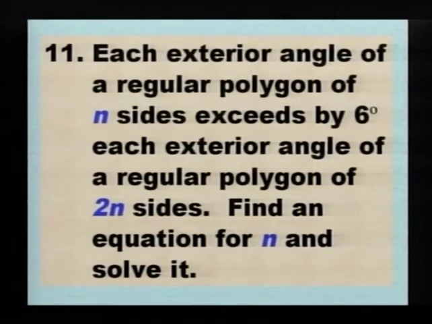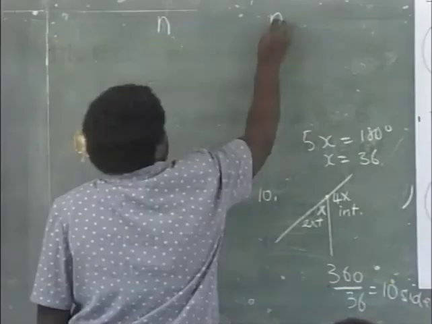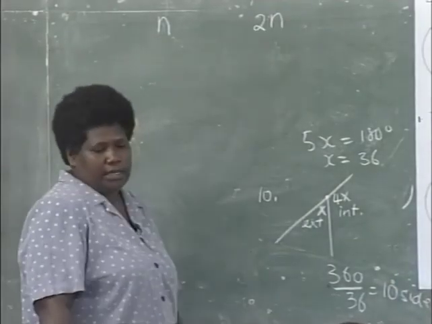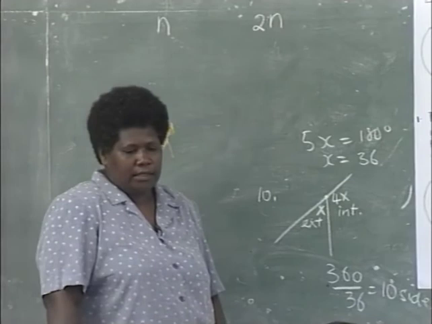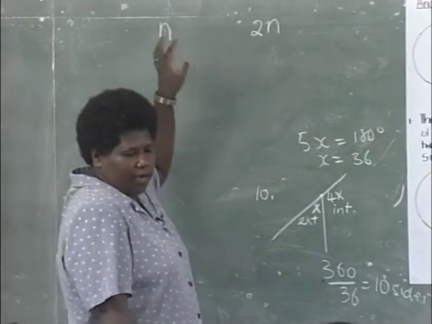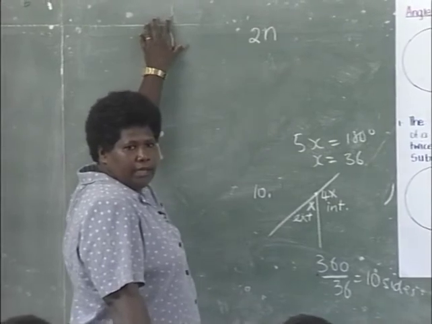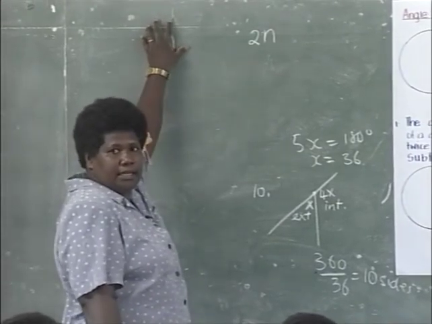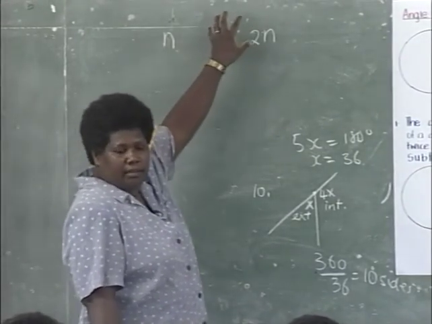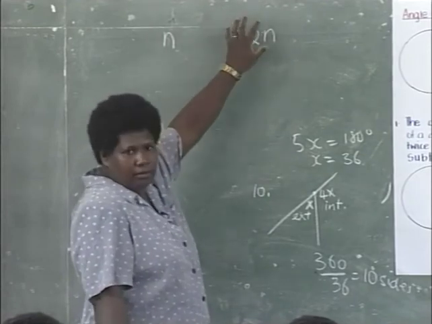One has n sides, another has 2n sides. It says the exterior angle of this polygon is greater by 6 degrees than the exterior angle of this polygon.